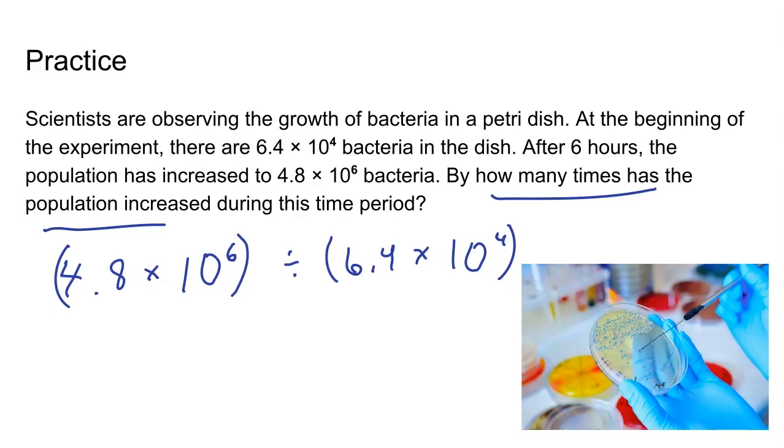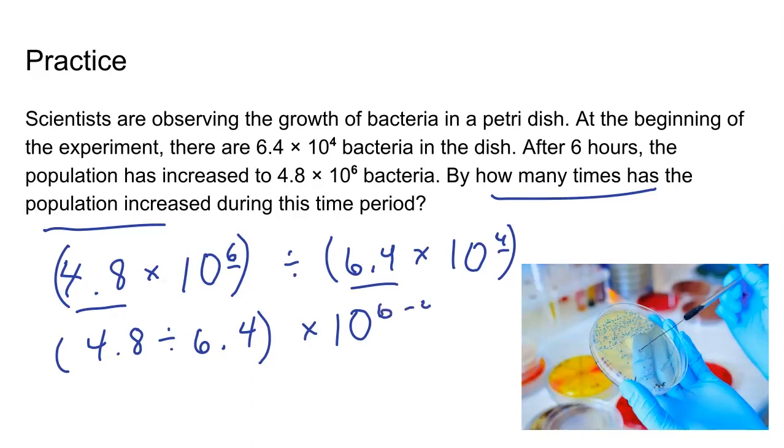Now divide the coefficients, 4.8 and 6.4, which gives you 4.8 divided by 6.4 times 10, and then subtract the exponents, which are 6 and 4. 6 minus 4. And 4.8 divided by 6.4 equals 0.75 times 10, and 6 minus 4 is 2.